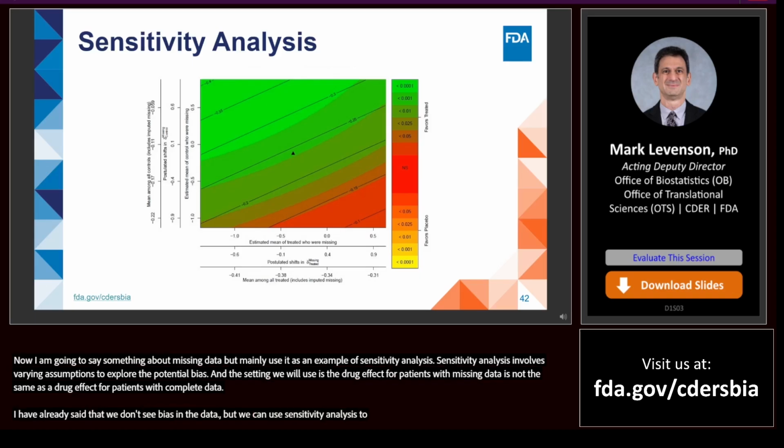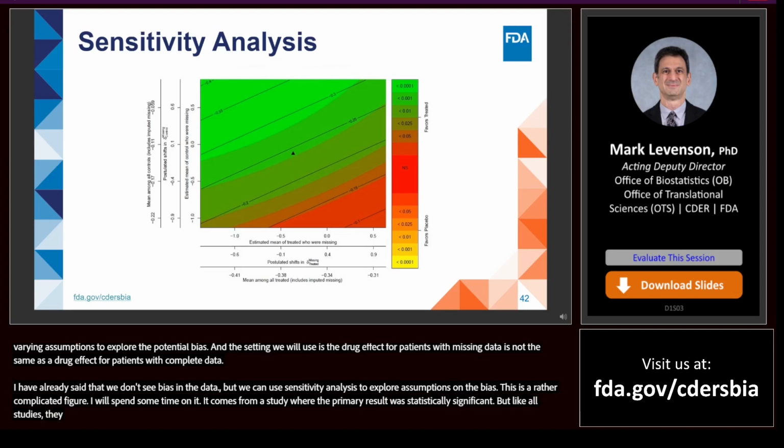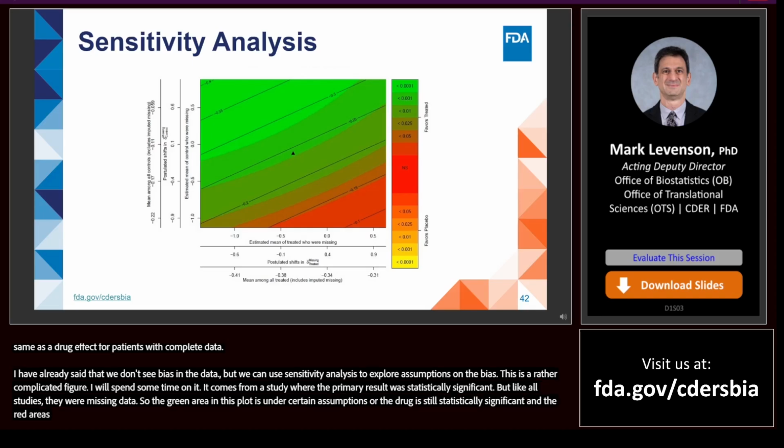It comes from a study where the primary result was statistically significant, but like all studies, there were missing data. The green areas in this plot are under certain assumptions where the drug is still statistically significant, and the red areas are where the drug is no longer statistically significant, and there potentially could have been yellow areas where the placebo was actually statistically significant, but that didn't occur.